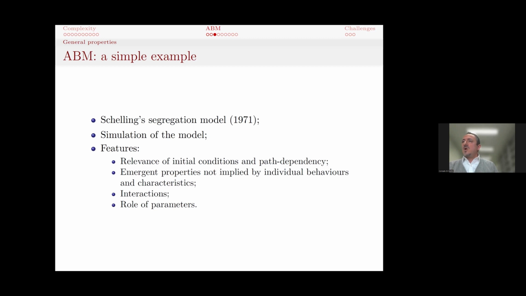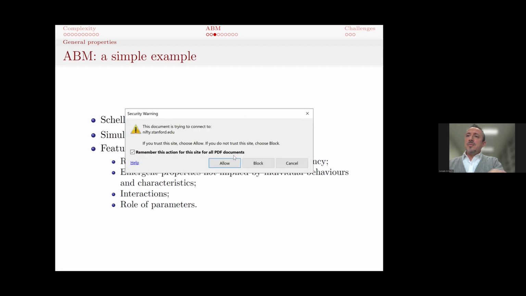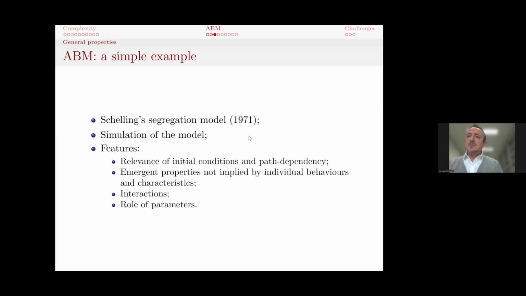The idea was: why in American cities, in US cities, do we have clusters that are homogeneous from an ethnic point of view, despite people not having a strong preference for living in a suburb where other people have the same ethnicity as the agent? So I hope you can see the screen.